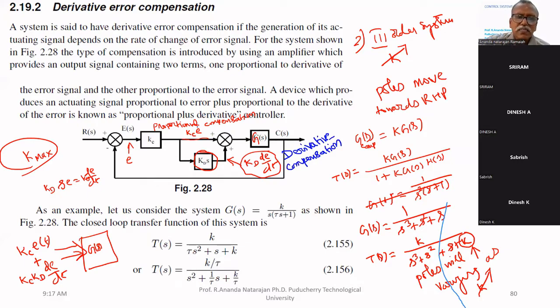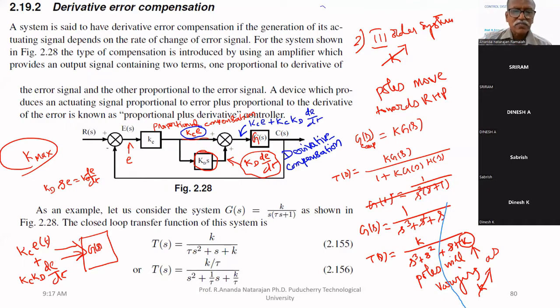This Kc multiplied by error is called proportional compensation. Already we have seen. So these two are added together, then given to the system. What we are giving as input to the system is Kc multiplied by error plus Kc Kd d by dt. Why Kc? Kc is before this branch, it is there. Therefore, Kc, Kd, d by dt.